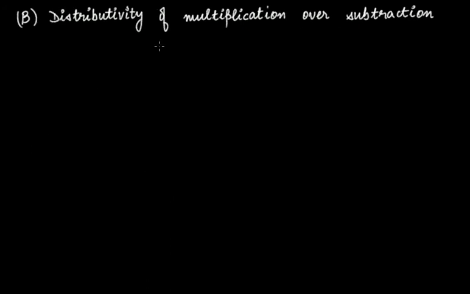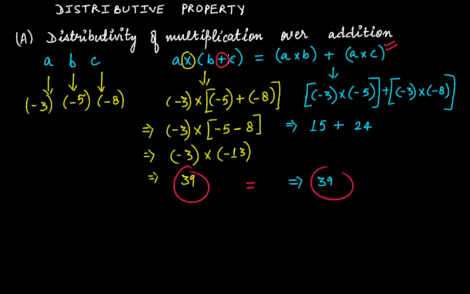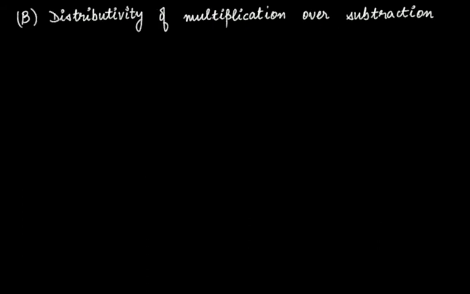What about subtraction? So here we had addition. If this is a minus sign, that is, if a times b minus c is equal to a times b minus a times c, and this condition gets satisfied, then we can say that along with addition, with subtraction also, integers follow distributivity of multiplication.